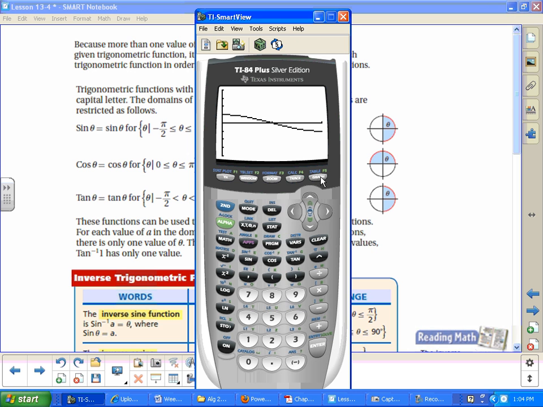Tangent looks like this. Here's what the graph of tangent looks like. Now, it looks like that because there are asymptotes there, because on the y-axis, at pi over 2 and 3 pi over 2, what's tangent?